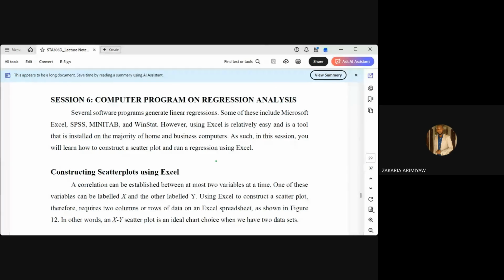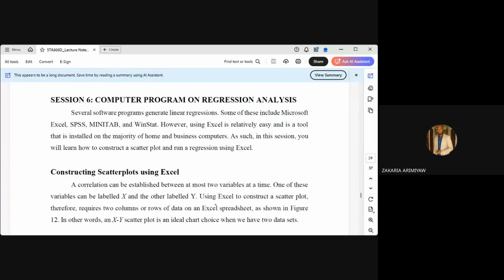There are steps you need to follow, and then you have your results. Those ones, I will leave them to you. We will not cover them in the exam, but it's very important that you know them so that it helps you to analyze your data with ease.